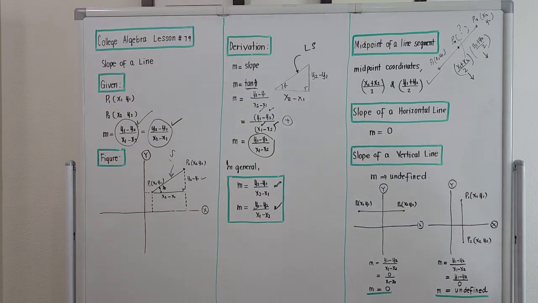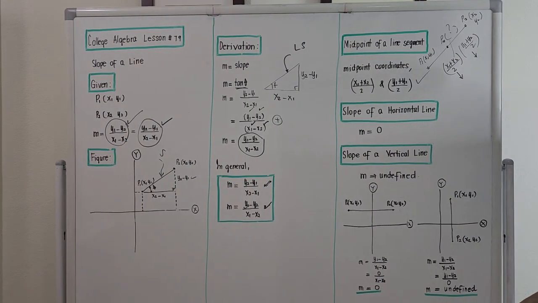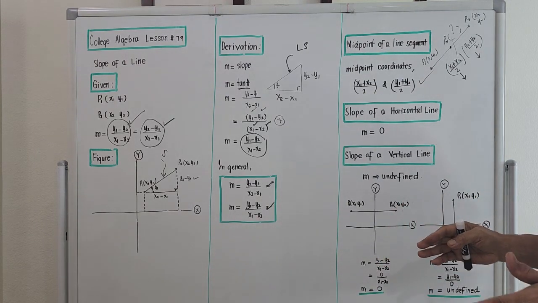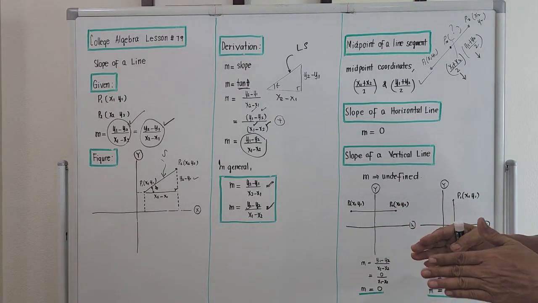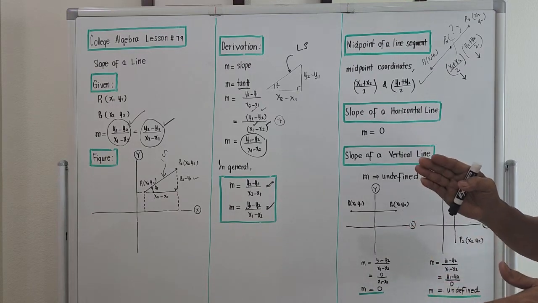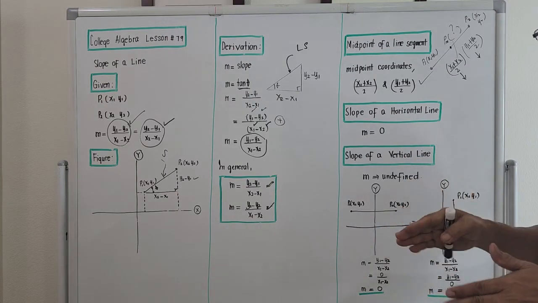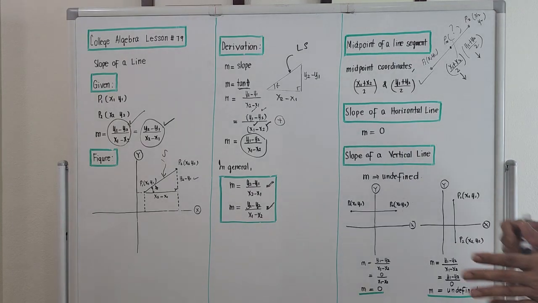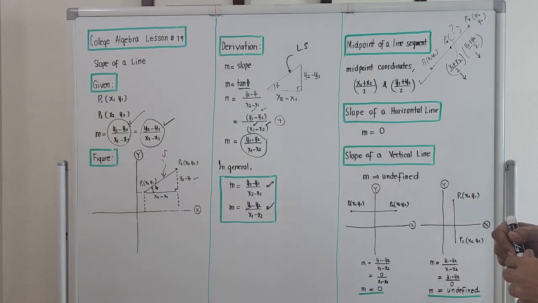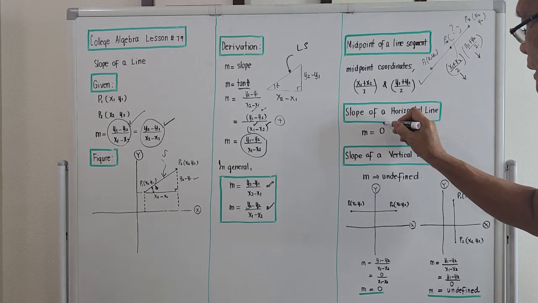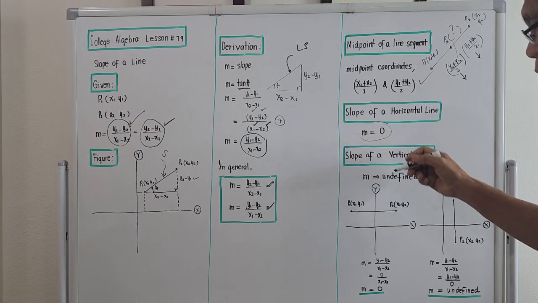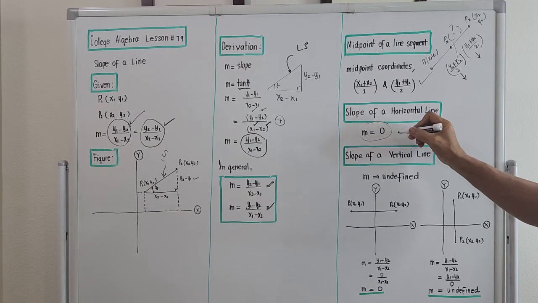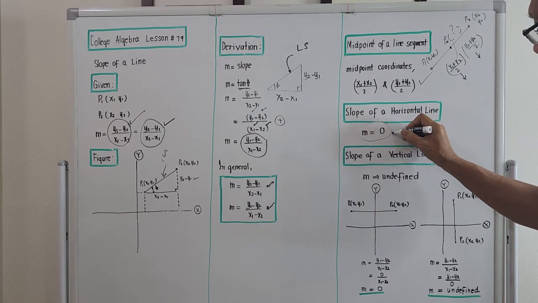Okay, let's try to take two special cases. Under the study of analytic geometry, it's a must that we know the slope of a horizontal line and the slope of a vertical line. In general, the slope of a horizontal line, designated by m, will be 0.